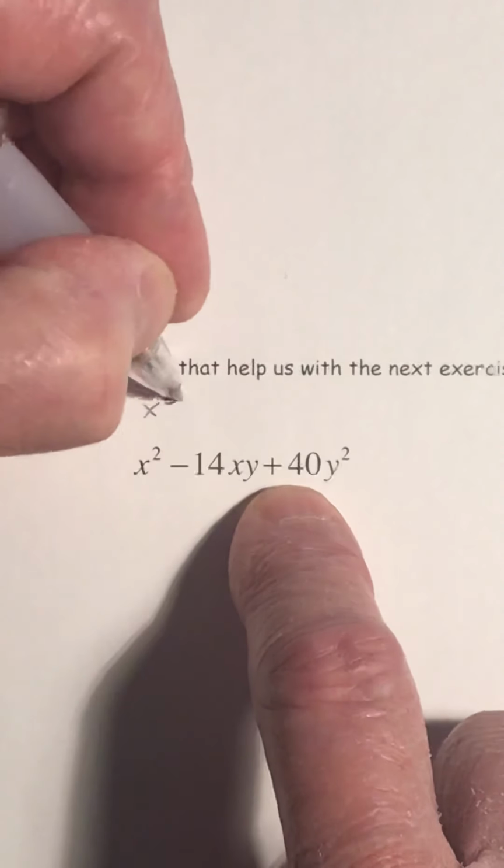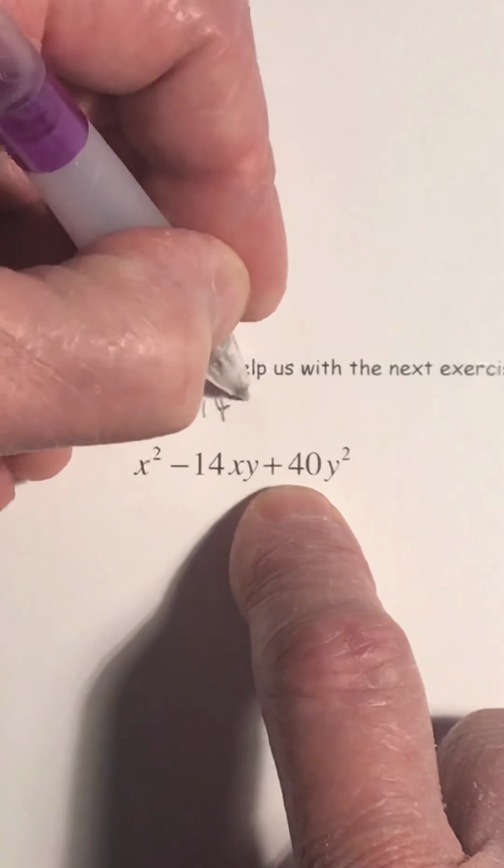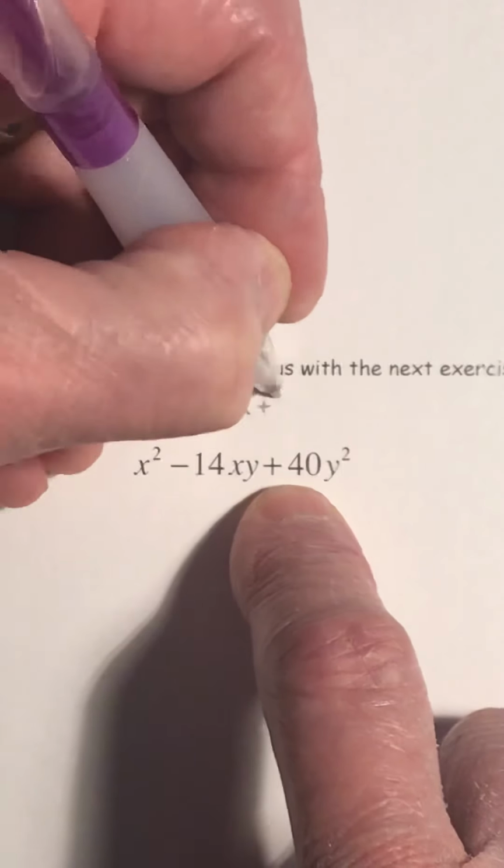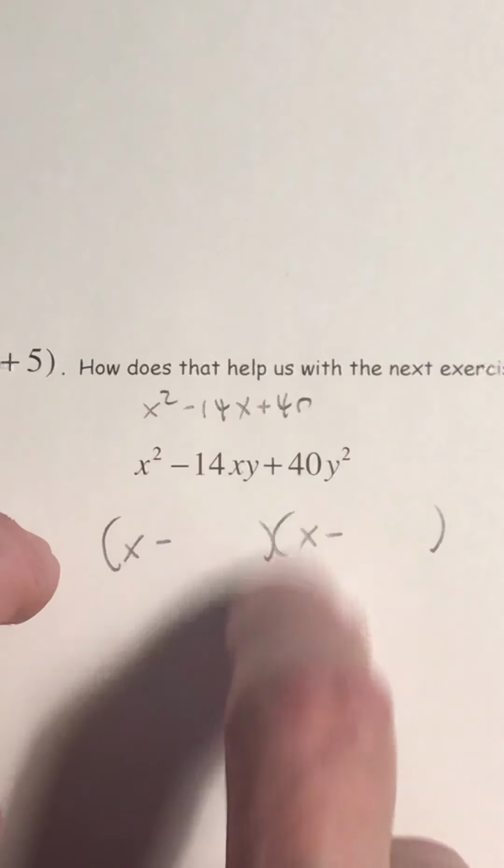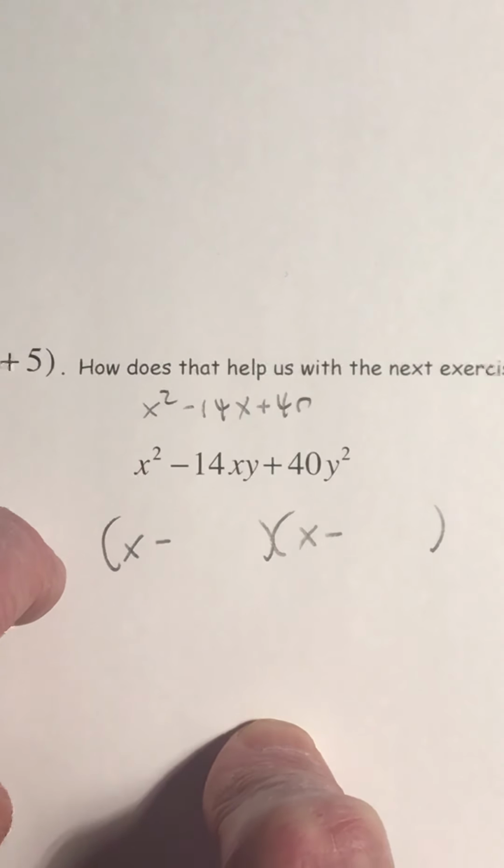I'm going to pretend for a minute that this is just x squared minus 14x plus 40. What adds up to minus 14 and multiplies out to plus 40? Give you a second to think about that. And they must both be negative because they're adding up to negative and multiplying out to positive. Okay?